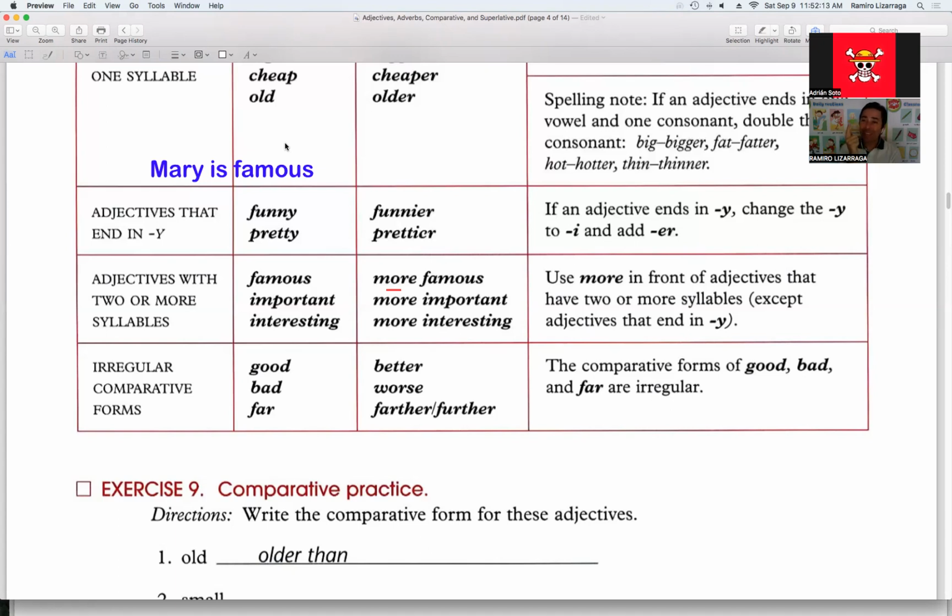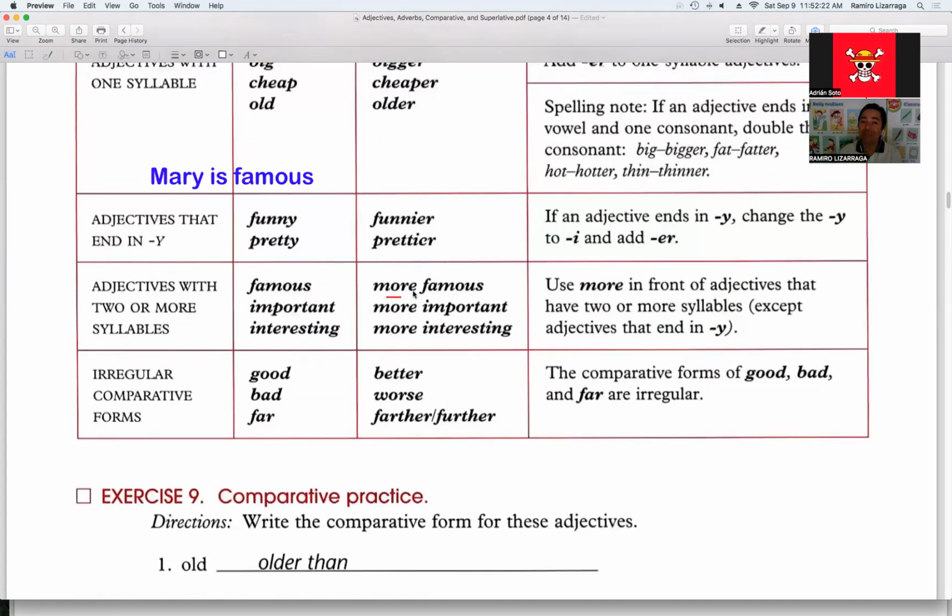And take a look. Even in my question, I'm using a comparative adjective. Who is more famous, Mary or John? So even in the question, I need to use the word more. So who is more famous? Mary or John? What is the answer to this question?